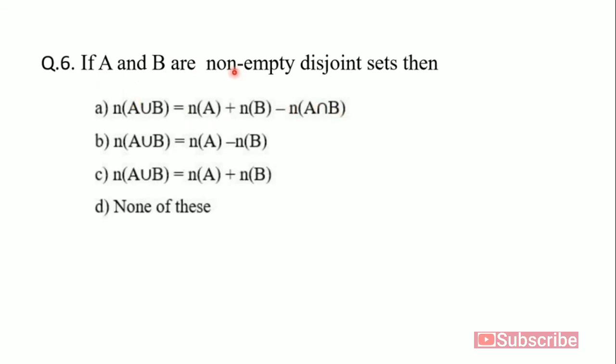So for these two sets, this formula is not necessary. Out of this, which one is the exact answer? I think C, n(A) plus n(B), this one is to be rejected, not necessary, because our sets are disjoint sets. This intersection part is 0. So leaving this part, we will be left with this one only. So this is our correct answer.